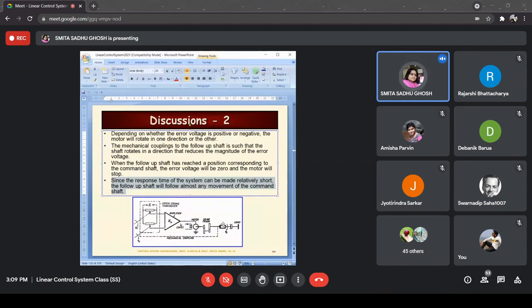The moment theta r becomes equal to theta c, the corrective action stops. That's one thing.